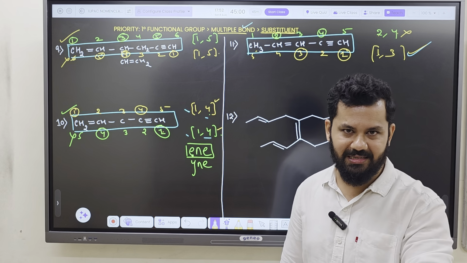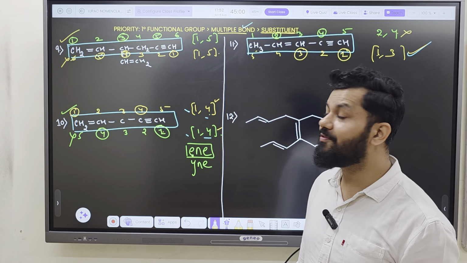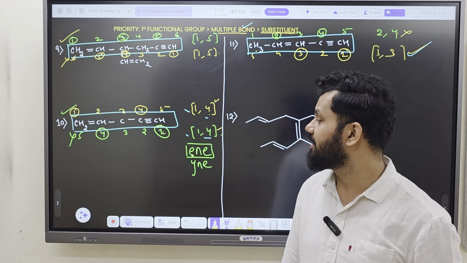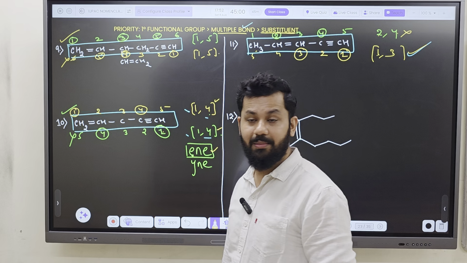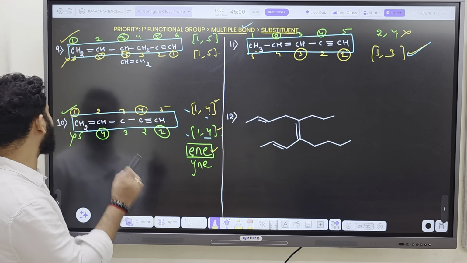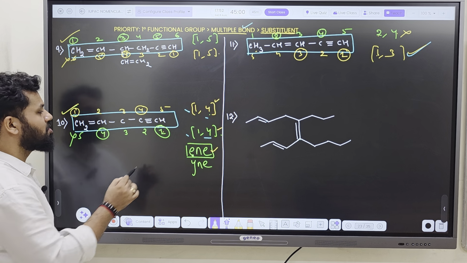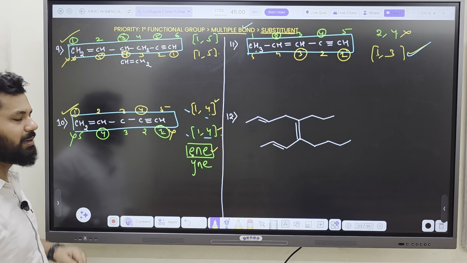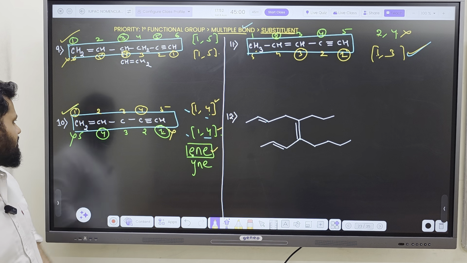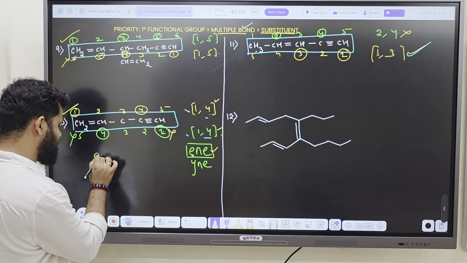And if there is a tie, then we will choose that way of numbering in which the alkene or the double bond gets the minimum number. So I will end up choosing this method over this one. Why? Because I am assigning the minimum number to the double bond. So let us name this. It is pent.